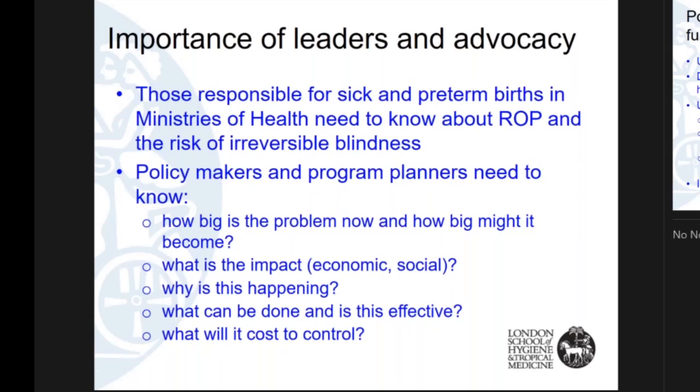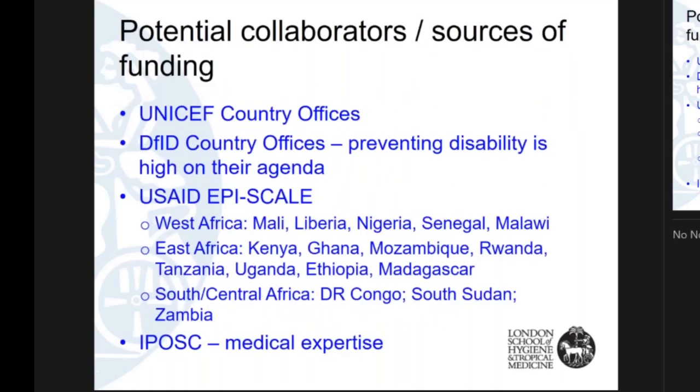There are a lot of agencies and players now interested in newborn health and neonatal survival, including UNICEF. DFID, preventing disability is very high on their agenda, and so preventing blindness in children will tick their boxes.